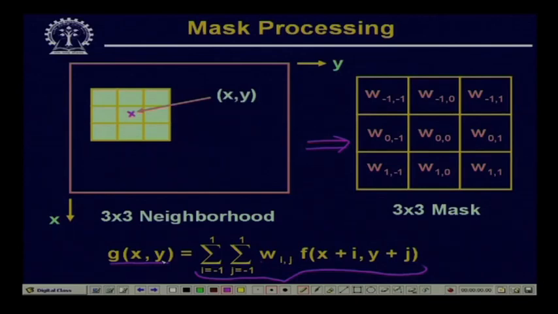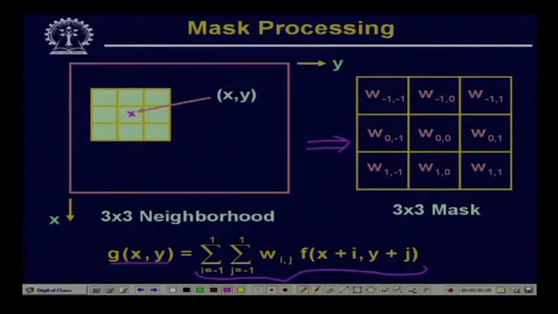So, by mask processing operation, this is the mathematical expression we get: g(x, y) equals the sum of w(i, j) into f(x+i, y+j), where you take the summation of this product over j varying from -1 to 1 and i varying from -1 to 1. This is the operation that has to be done for a 3 by 3 neighborhood, in which case we get a mask again of size 3 by 3.